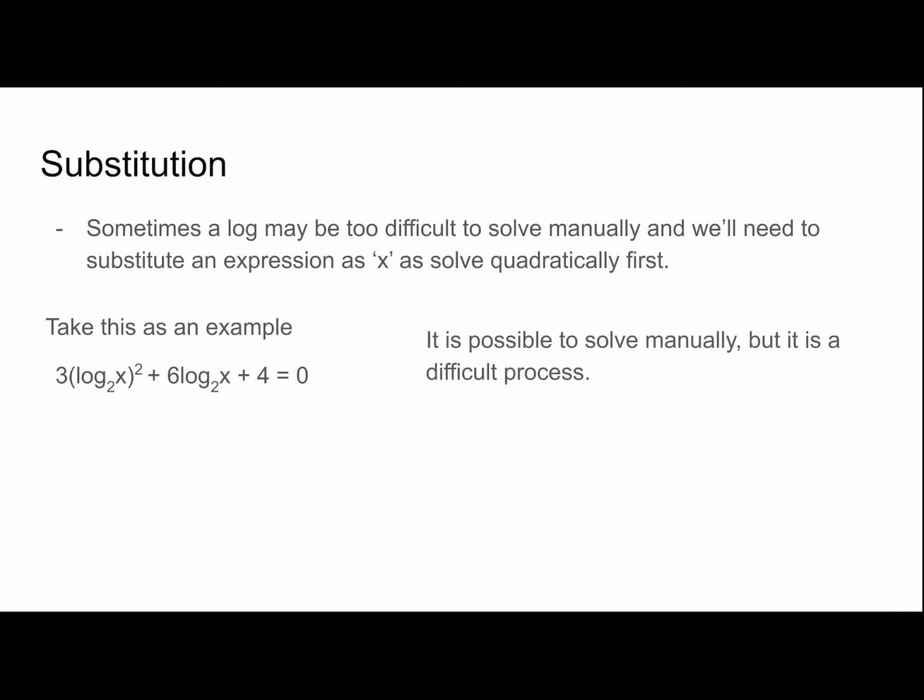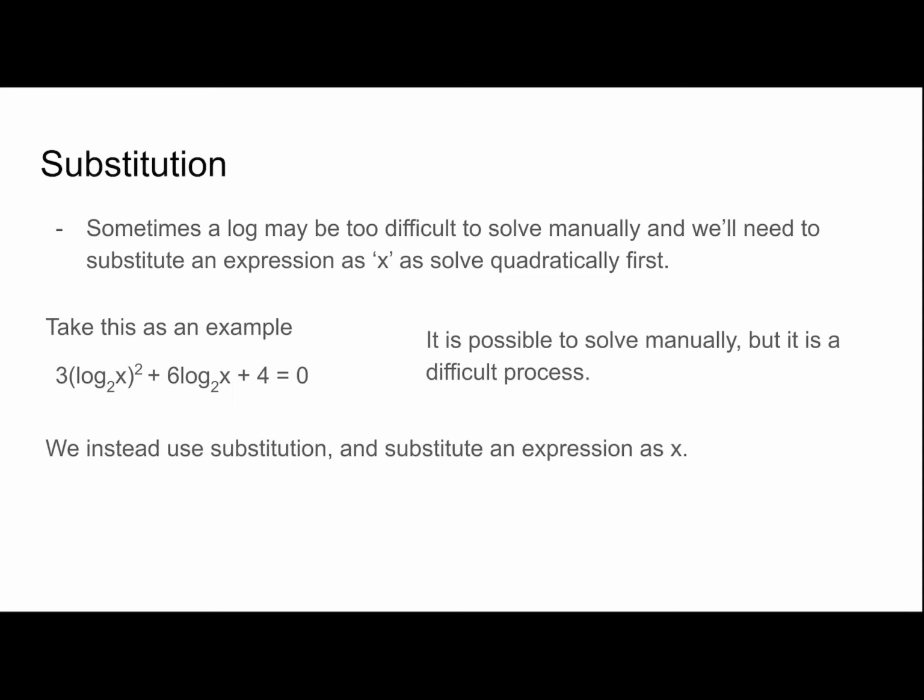So in this case, we can use substitution, okay? We can substitute a specific term as x temporarily. Looking at here, we can see it's something to the power of 2, and there's something that's just that, but with no power.